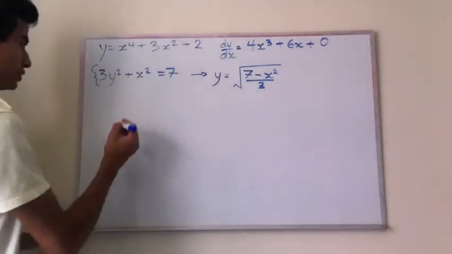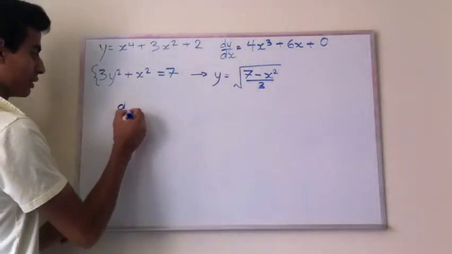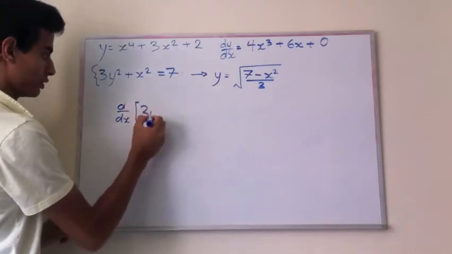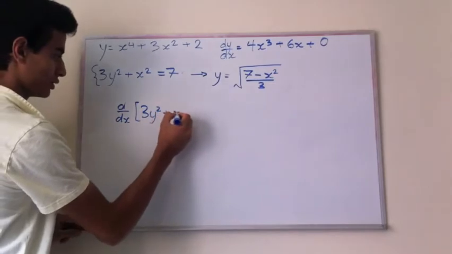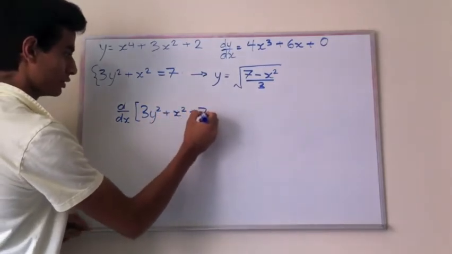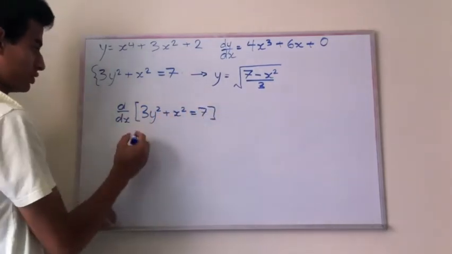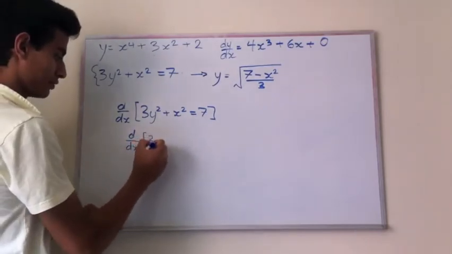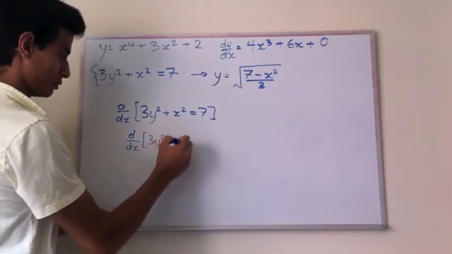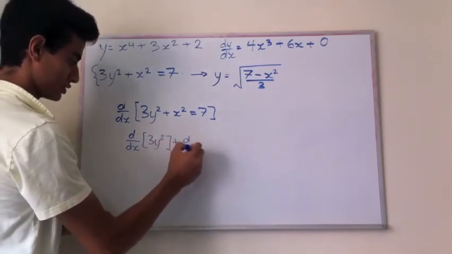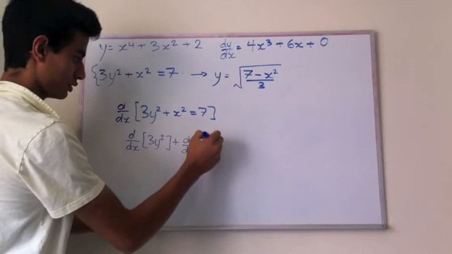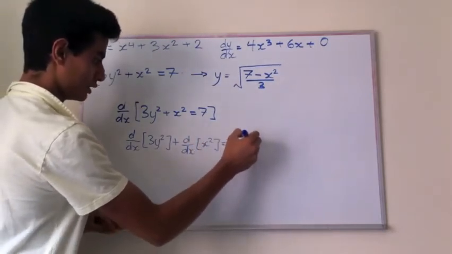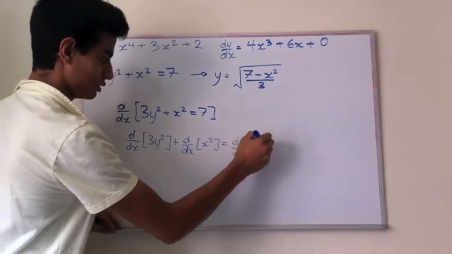Implicitly. So if we apply the derivative operator to the entire formula, 3y squared plus x squared equals 7, we can distribute the derivative to get the derivative of 3y squared plus d over dx of x squared equals d over dx of 7.